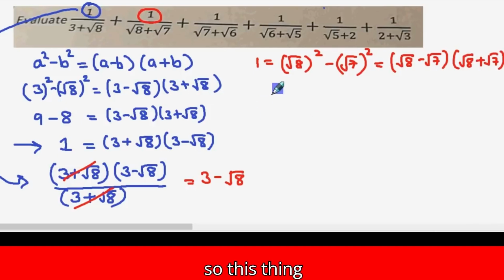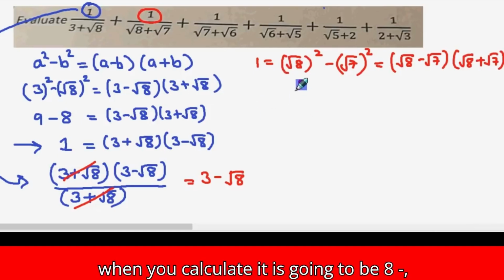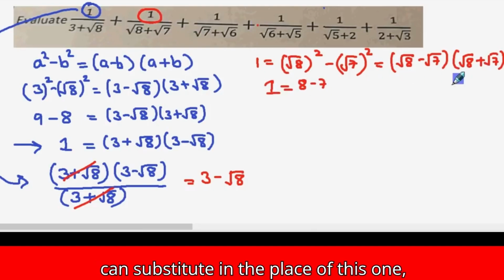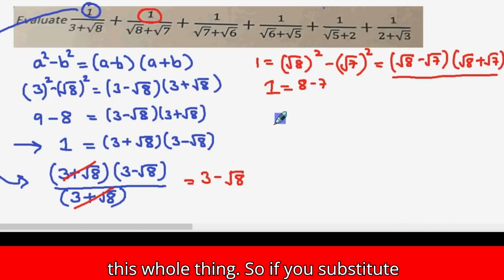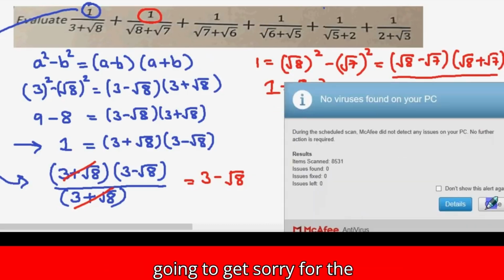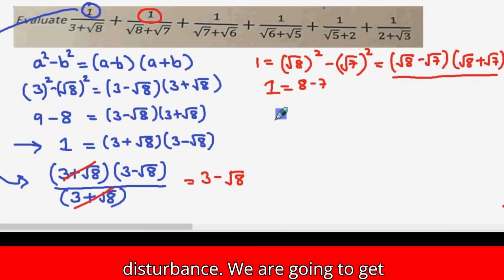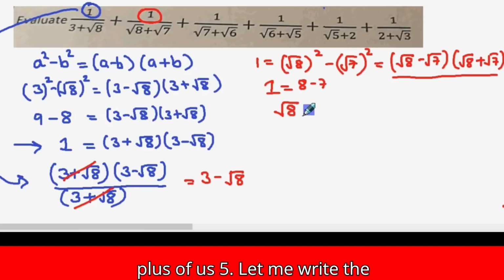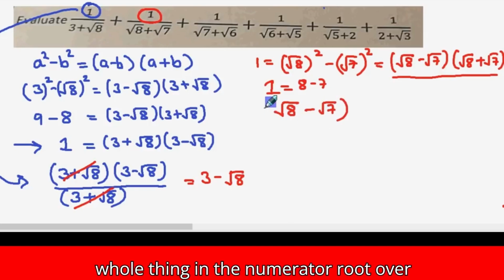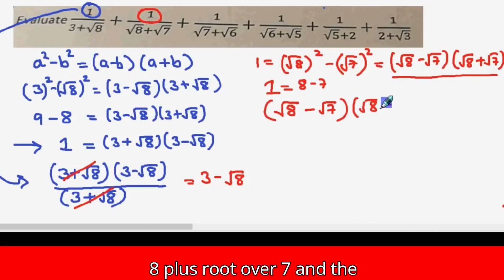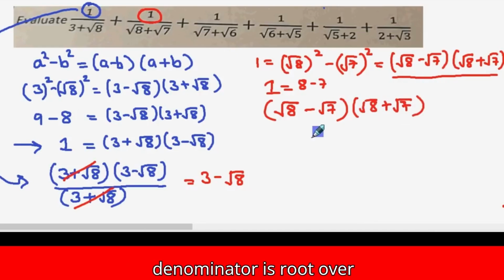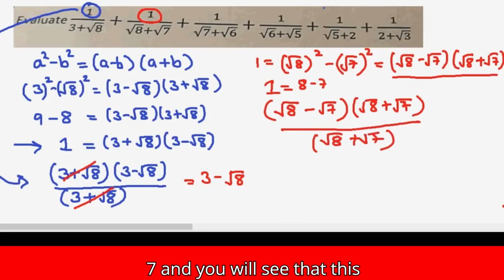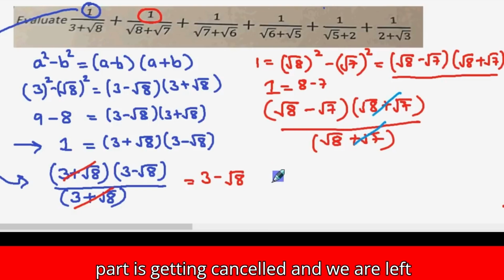When you calculate this, it is going to be 8 minus 7 only, so it will be equal to 1, and we can substitute this whole thing in the place of 1. Let me write the whole thing in the numerator: root over 8 plus root over 7, and the denominator is root over 8 plus root over 7. You will see that this part is getting cancelled and we are left with only this part.